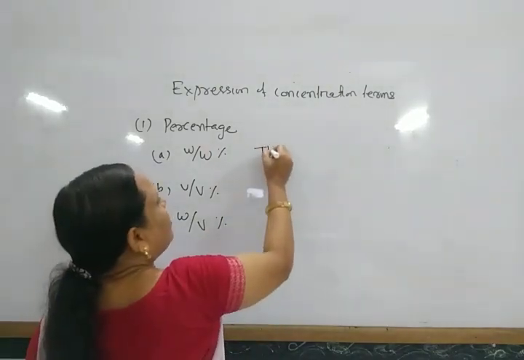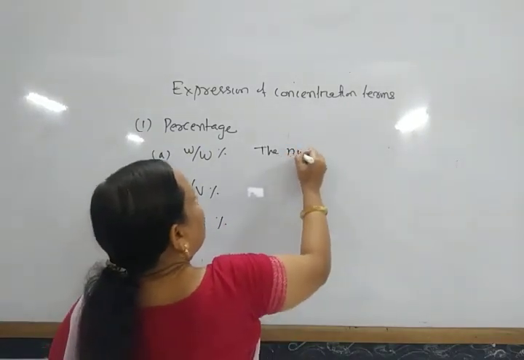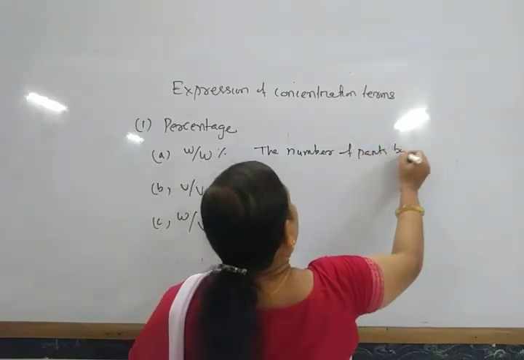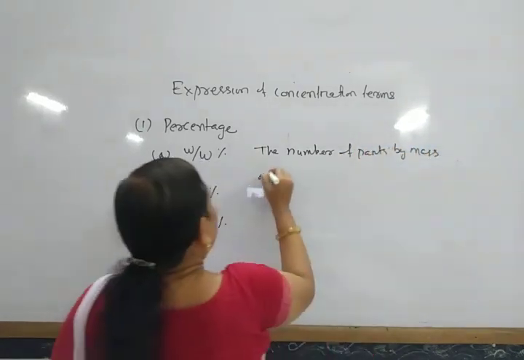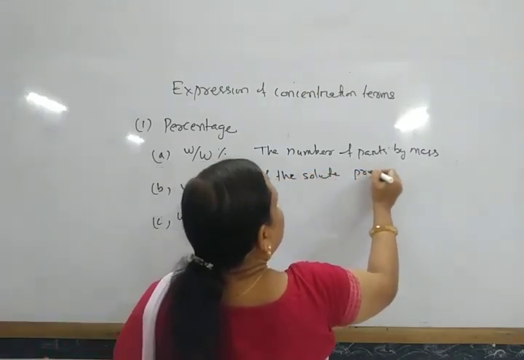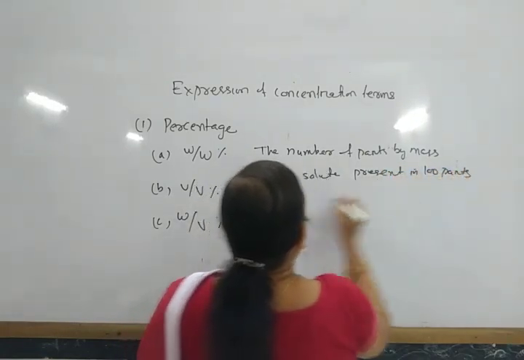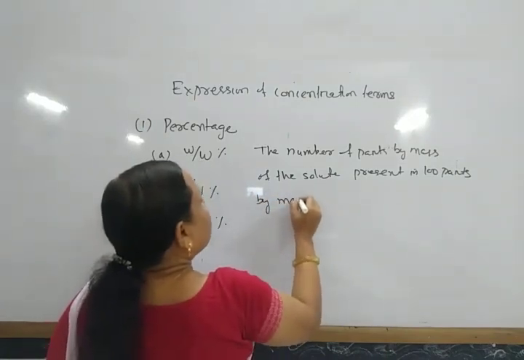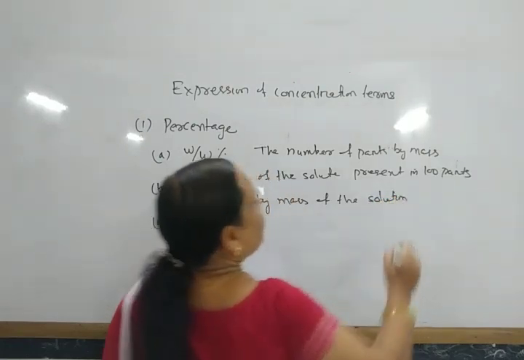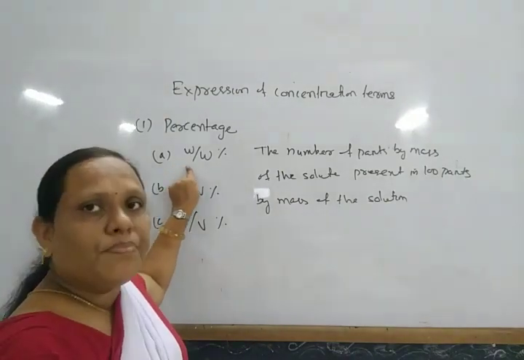So the number of parts by mass of the solute present in 100 parts by mass of the solution is known as weight by weight percentage.